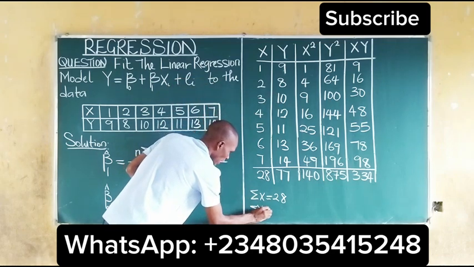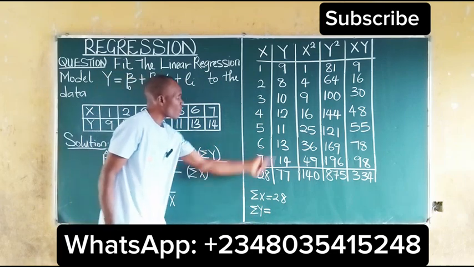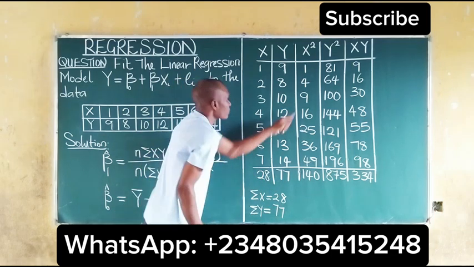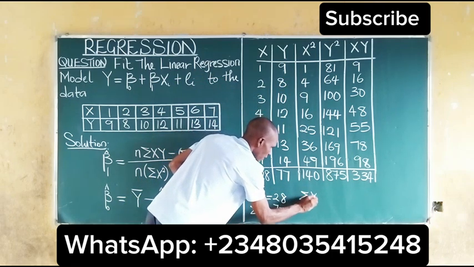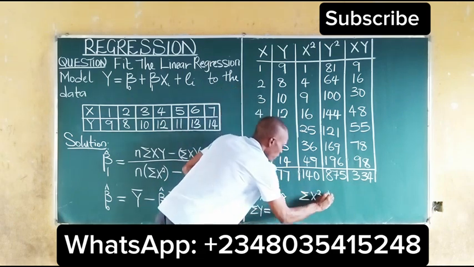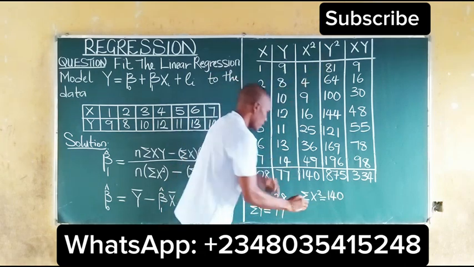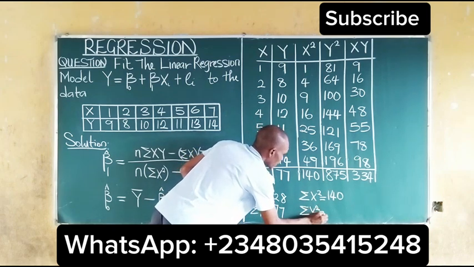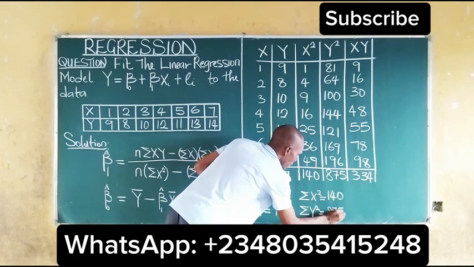Summation of y is 77. Summation of x squared is equal to 140. Summation of y squared is equal to 875.